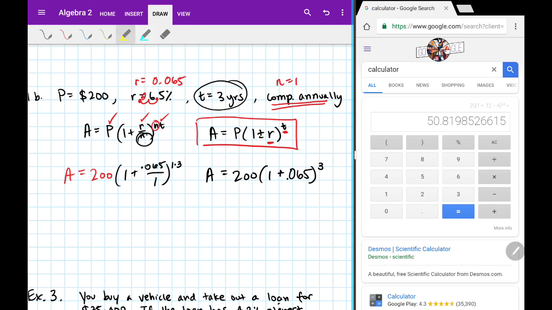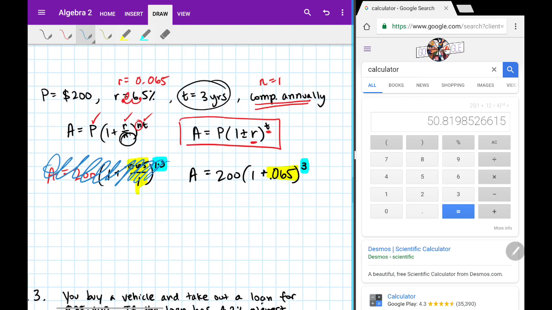So now convince yourself that the left side is actually the same as the right side. 0.065 divided by 1 is the same as 0.065, and 3 times 1 is the same as 3. So I'm just going to assume that from now on when it says annually, we're just going to jump straight to formula 2. Let's plug it in the calculator, see what we get.